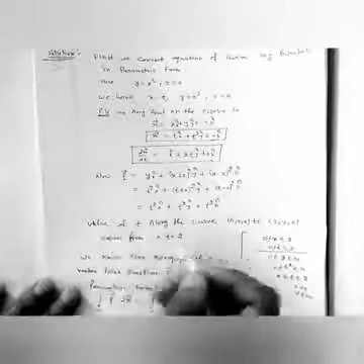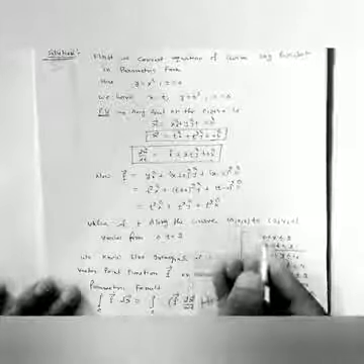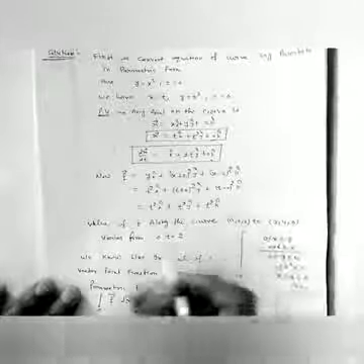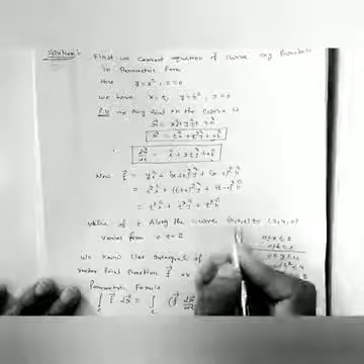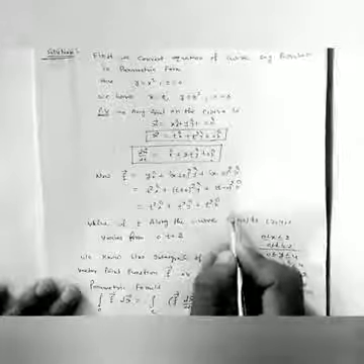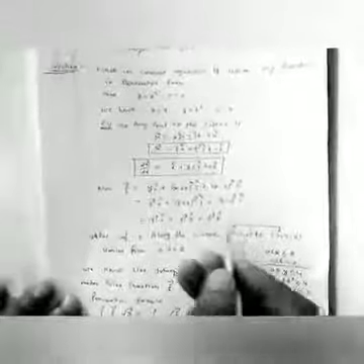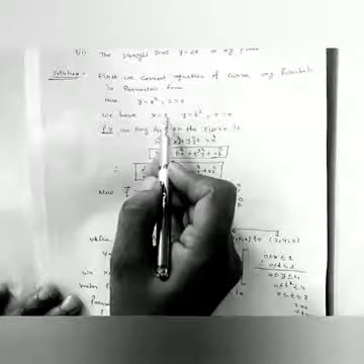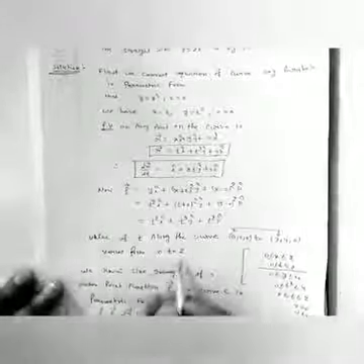Now, along the curve from 0, 0, 0 to 2, 4, 0, x varies from 0 to 2, and x is equal to t here, so t also varies from 0 to 2.